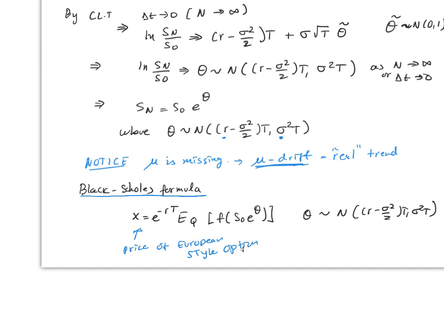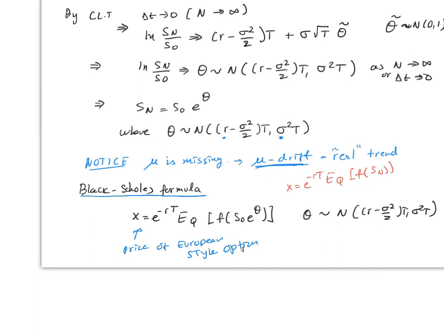And it is very important to notice that technically this is the same formula that we have in discrete time, which was almost identical, where x was equal to e to the minus r t, expected value with respect to q of the payoff function S of n.